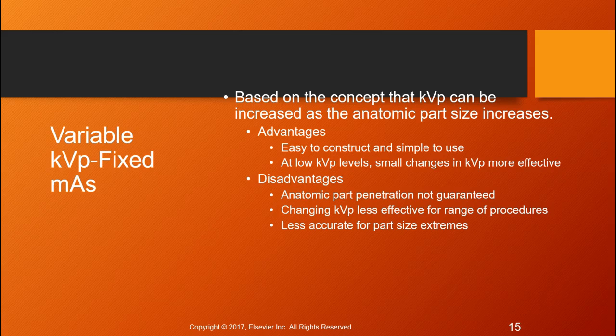So if you have an average patient and you're using a 10 centimeter knee and you get a patient that's twice that at the 20 centimeter range, chances are your technique chart is not going to work as well, okay? So that's variable kVp, fixed mass.